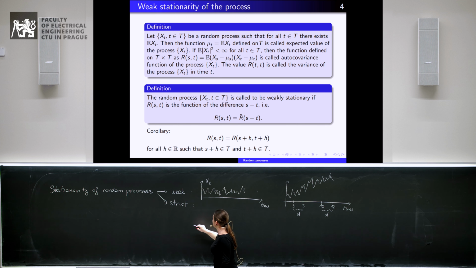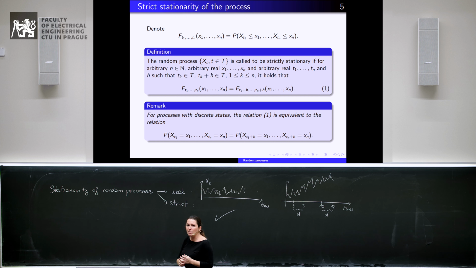While the strict stationarity requires the same, but it also requires the process to be in the same level. So it doesn't allow the process to grow, to decrease, to have some trend.